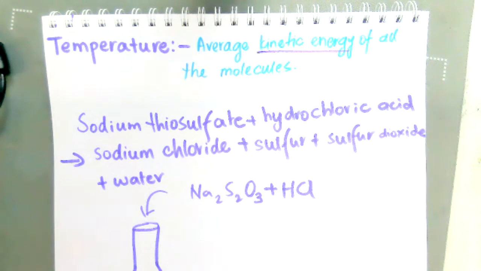So just looking at the reaction, can you tell me the precautions that we should take before we do this experiment? Keeping the reactants in mind, what are the precautions? Muhammad? Yes, Muhammad?